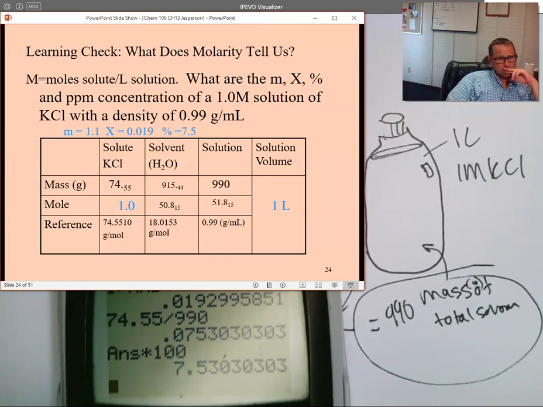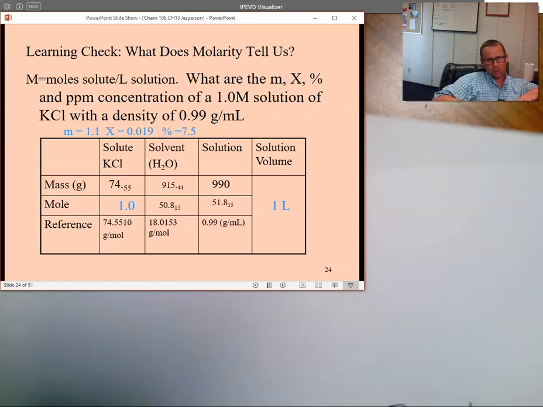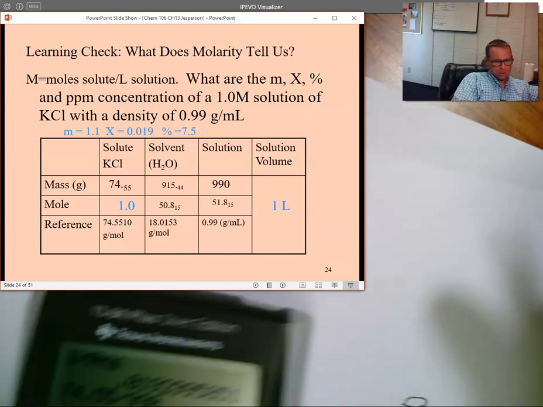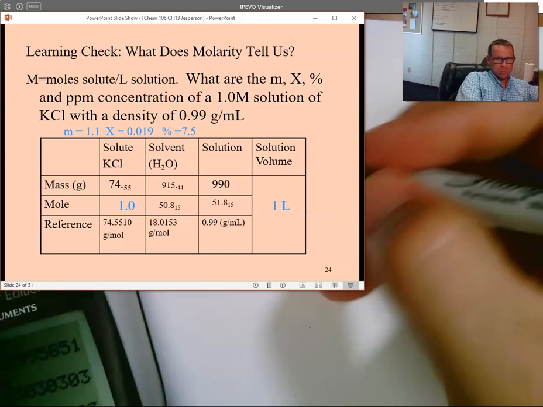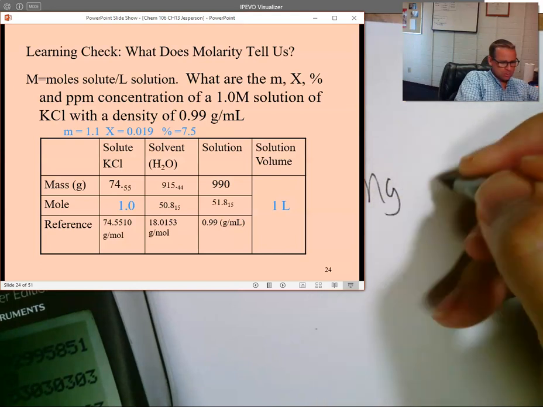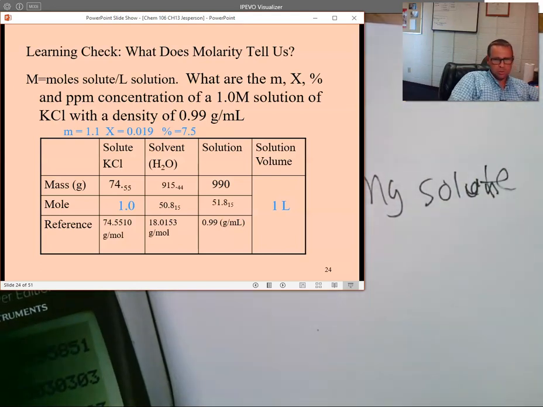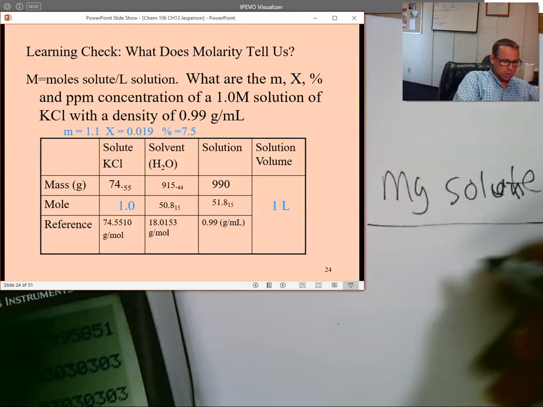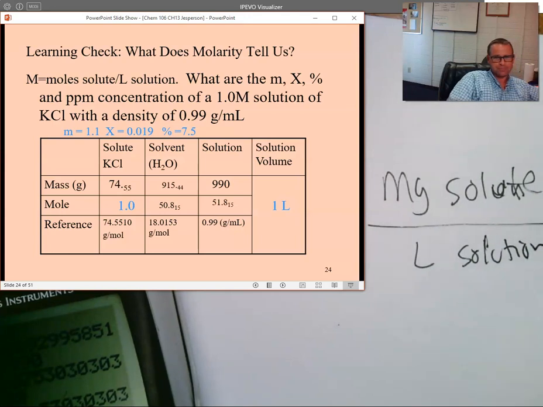Sorry, just to clarify, it was what per milliliters? It was milligrams of solvent. Here, I'll write it down. No, sorry. Solute. Milligrams of solute per liter of solution. Per liter of solution, okay.